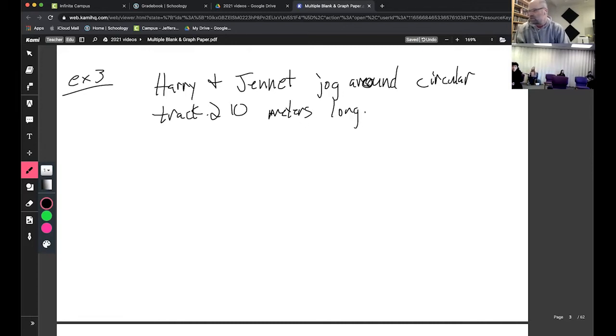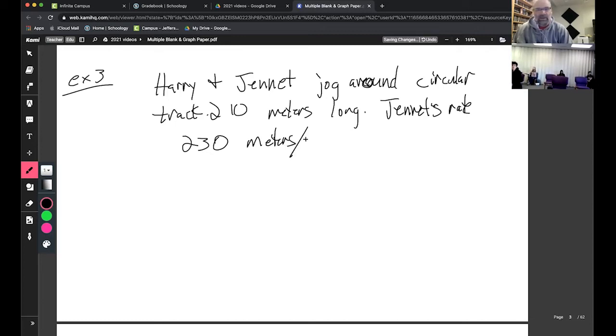So if Janet's rate is 230 meters per minute, while Harry's rate is only 200 meters per minute, in how many minutes will Janet be a full lap ahead? Okay. So Janet's rate is 230 meters per minute.